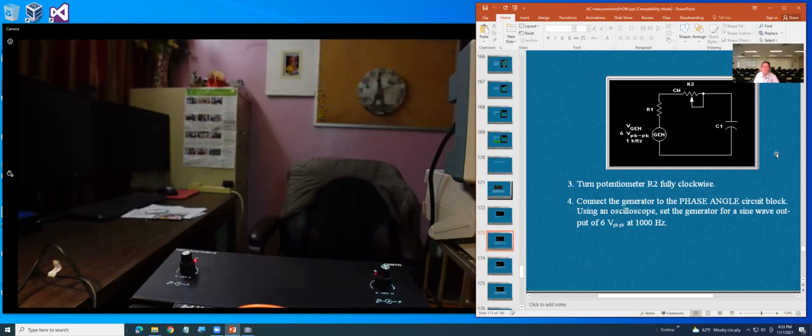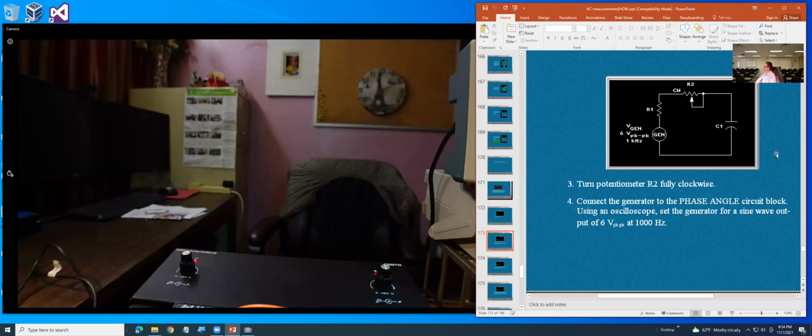Yeah, we'll do it. Now, you have to turn it fully clockwise. Right now they will still be counterclockwise. And they say connect using the scope probe. Set the generator sideways, 6 volt peak to peak, 1 kilohertz.